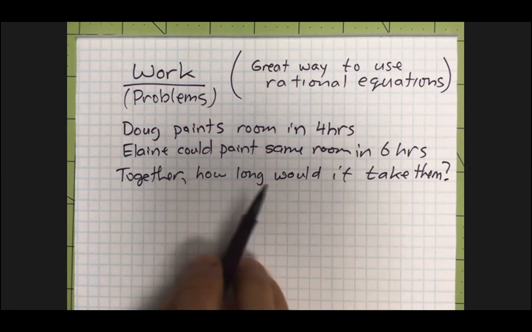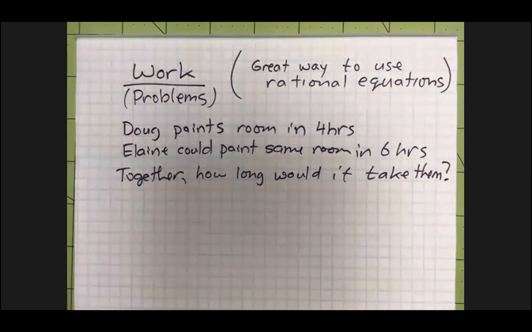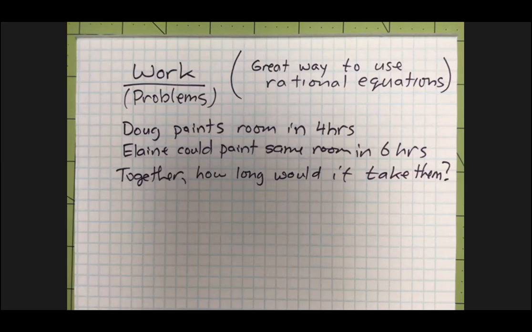So Elaine is taking her time and painting it nicely. But let's think about this. When you start thinking about this, the first reaction is like, well, what am I supposed to do with this? Where's the equation? You know that you're not supposed to add 4 hours and 6 hours. Doug paints the room in 4 hours. Elaine paints it in 6 hours. Together, it will take them 10 hours to paint the room.